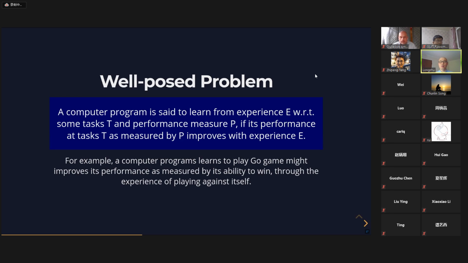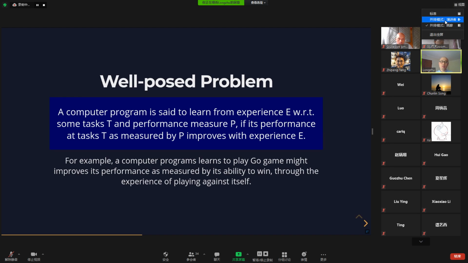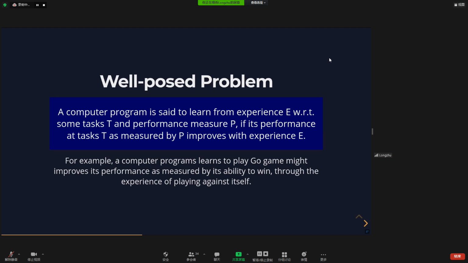For example, a computer program can learn to play a Go game. It can improve its performance, measured by the chance to win, through the experience of playing against itself. This is one typical example of so-called reinforcement learning. So by this point, we have a clear definition of learning.